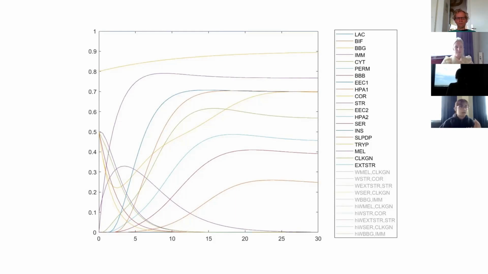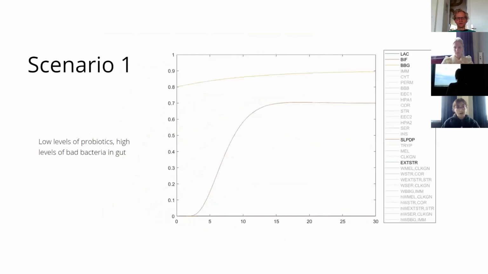This in turn, can we go back to the previous slide? So this in turn, as we see, it causes a high X15 state, which leads to a high X16 state, which is a sleep deprivation, as we can see from the graph, as there is no good bacteria present at all.